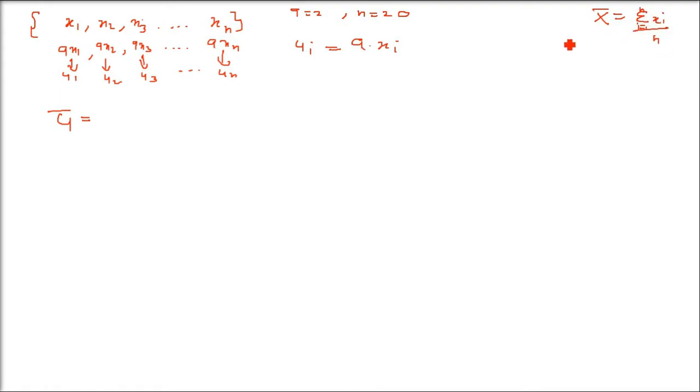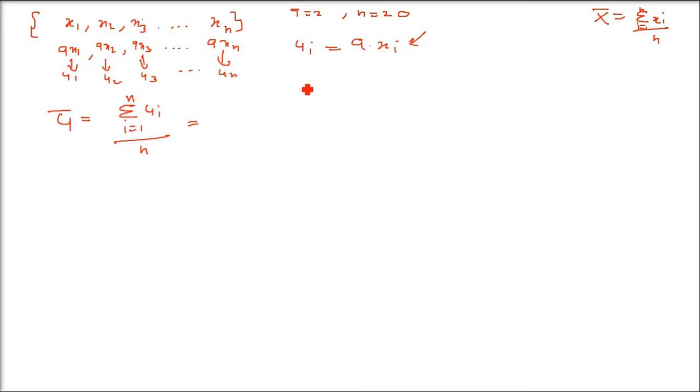Take the sum of all the values, divide by n. But we are interested in the second list, so this will be sigma ui by n. We know n equals 20, but I'll put it in later.